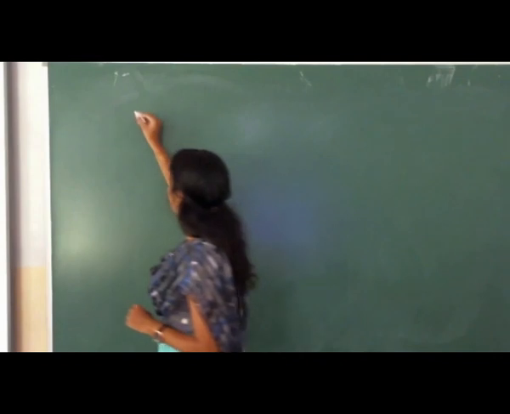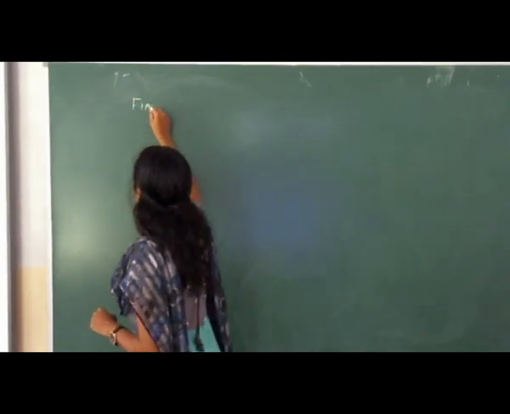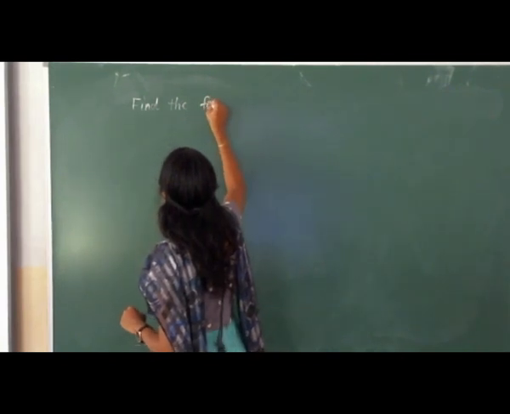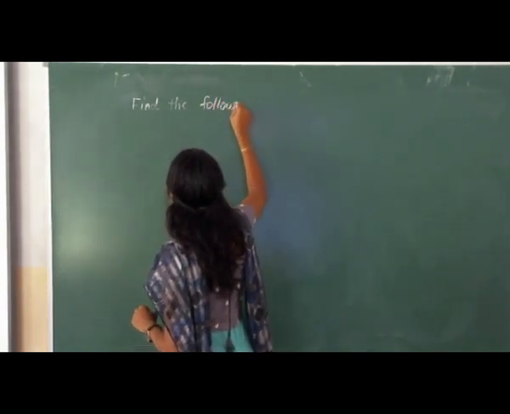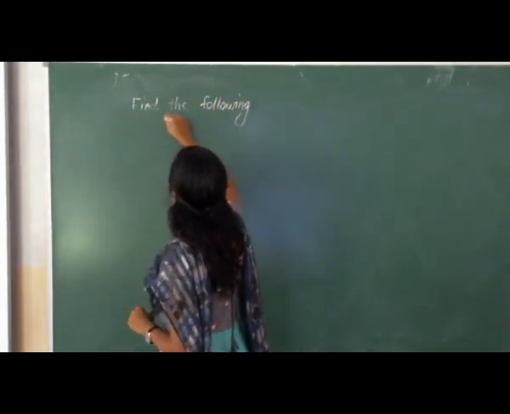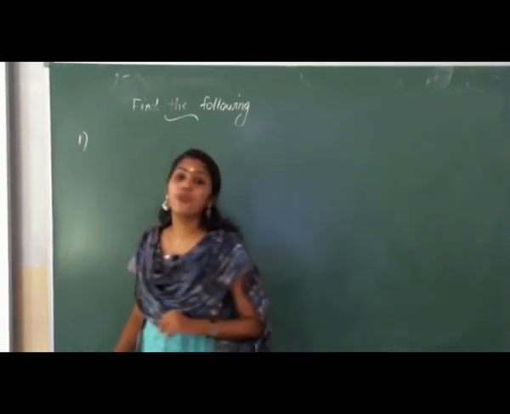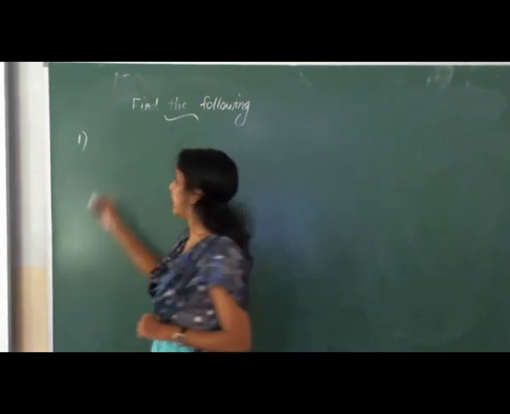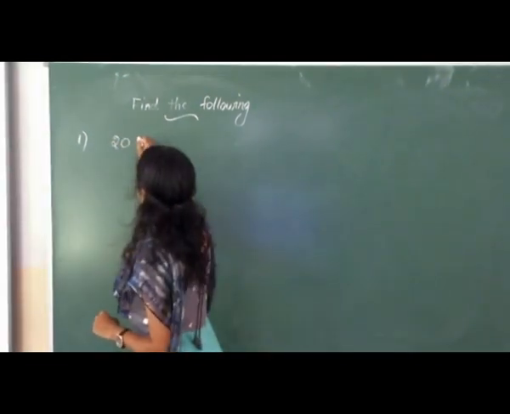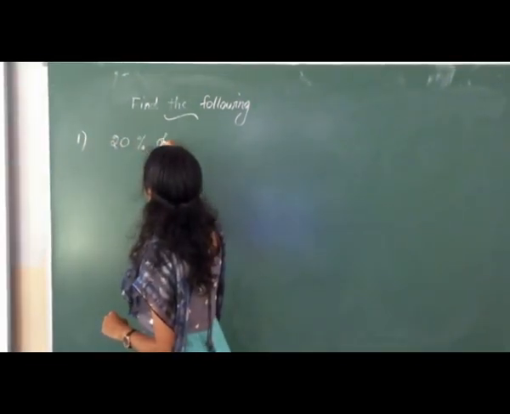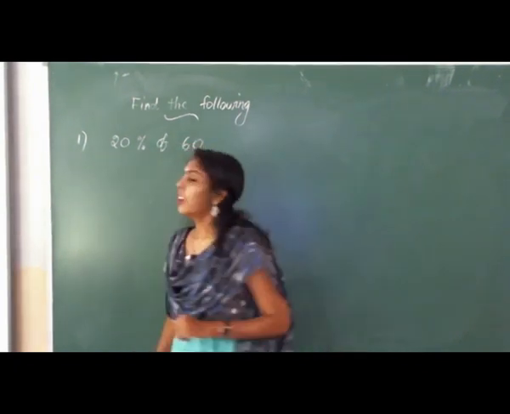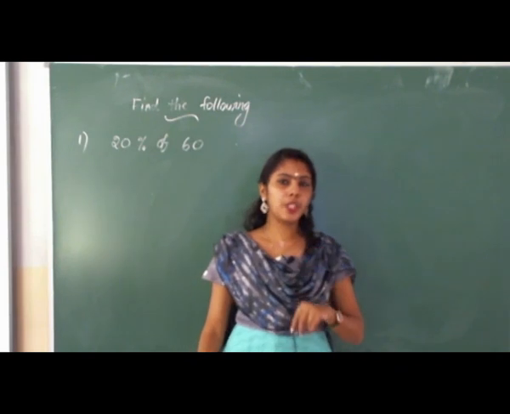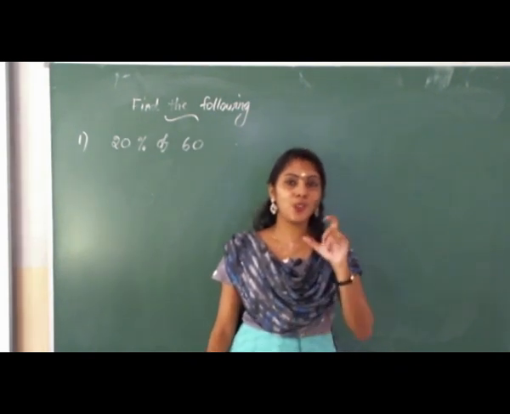Next one, find the following. Write the heading, find the following. First question, 20% of 60. What is meant by this "of"? In the chapter on fractions, you studied the meaning of "of".